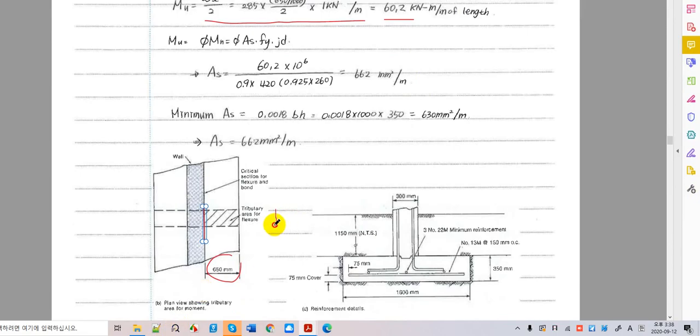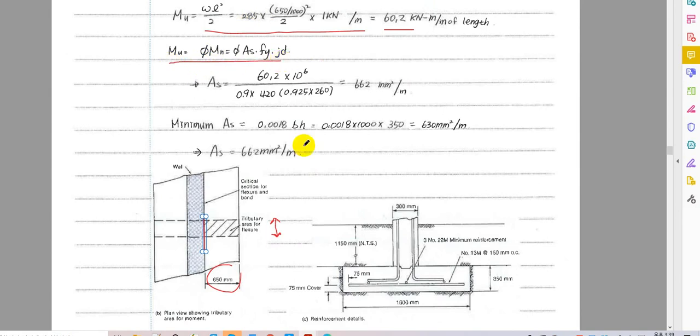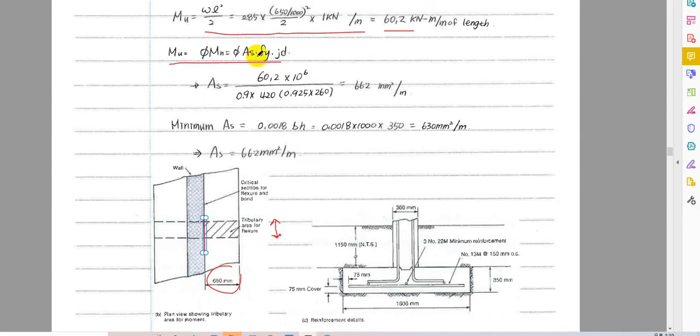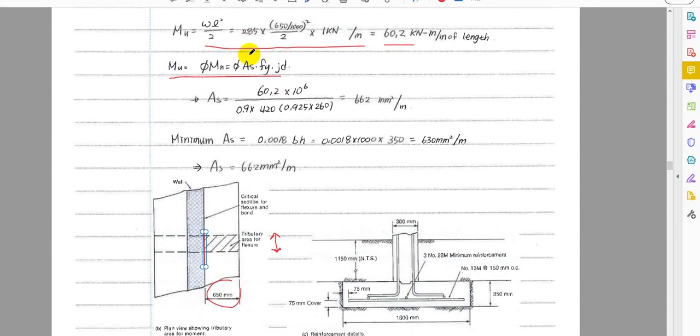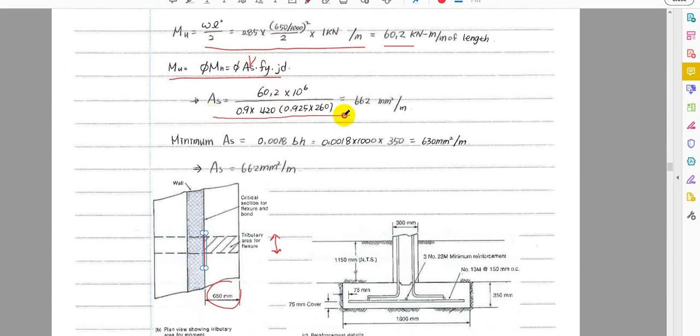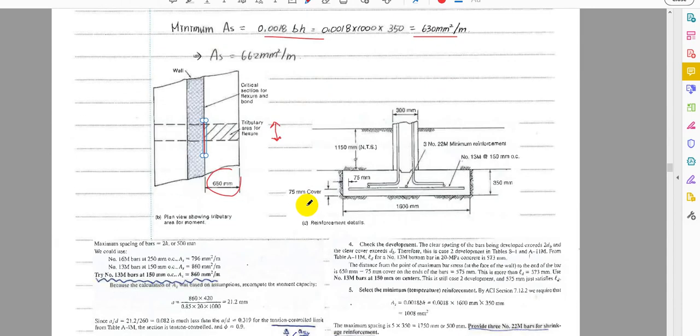We are considering loads on 1 meter distance right there. So this is a moment from which we can calculate area of rebars, and it is very easy, not a big problem. And we have a minimum area given by this, and everything's okay when you select this area for rebars, right?